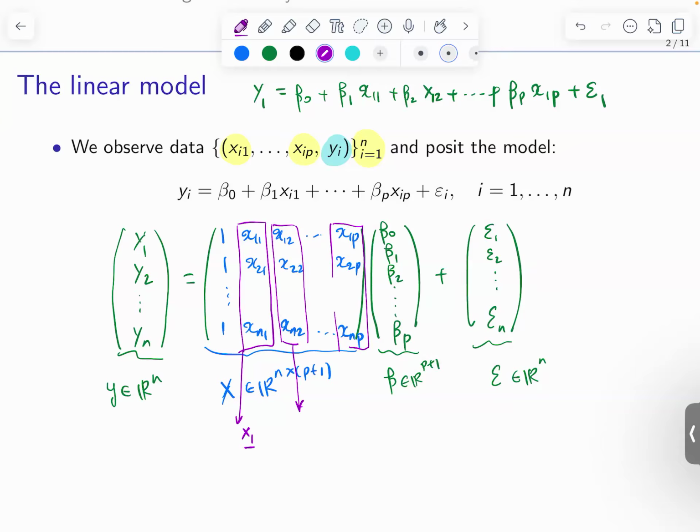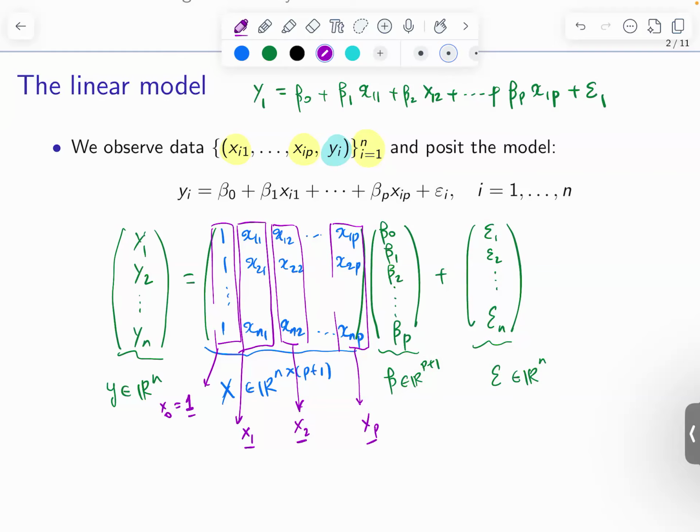So each one is a single variable. Sometimes I write this as x2, this is xp. And this is the vector of all ones. So I write this as boldface 1. Sometimes I put a bar underneath to make sure this is understood as a vector. Sometimes I write it as x0. And so the columns are basically the different predictors spelled out in terms of the sample.